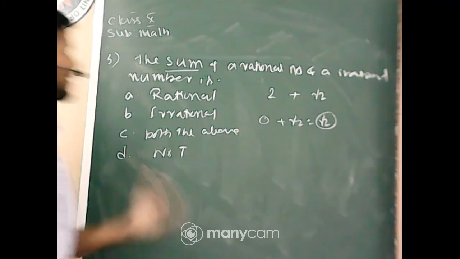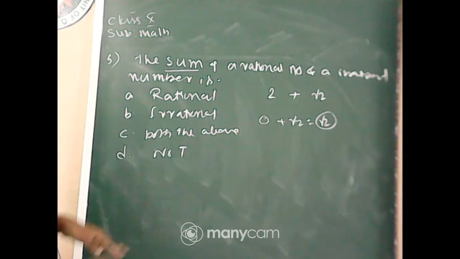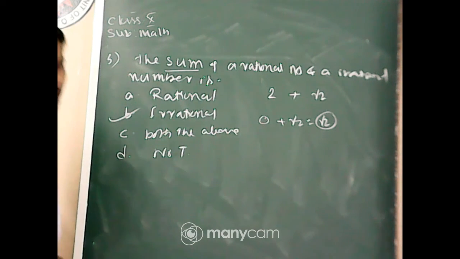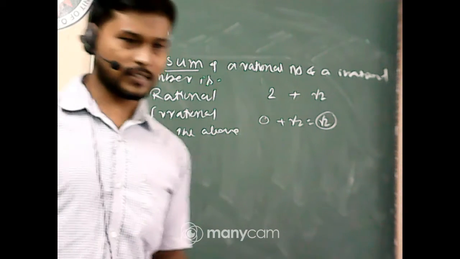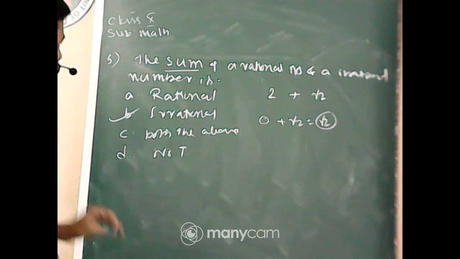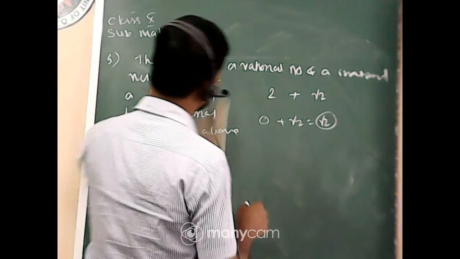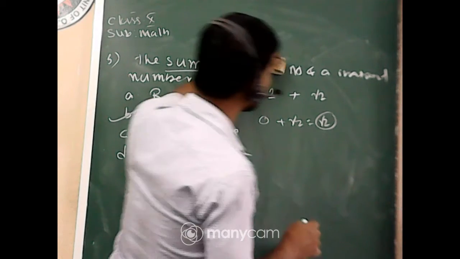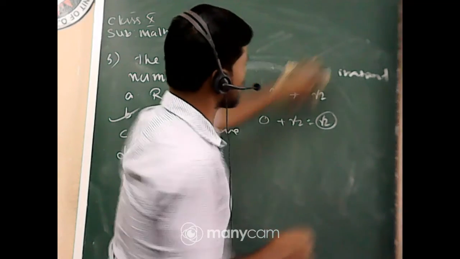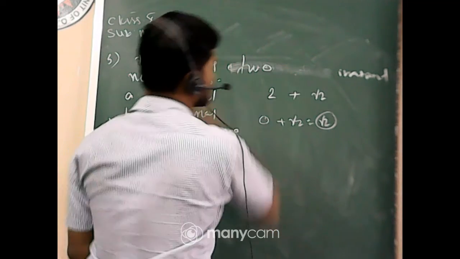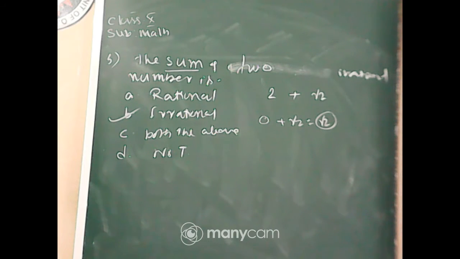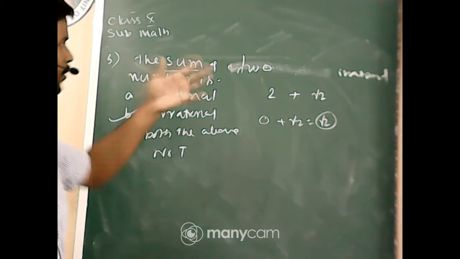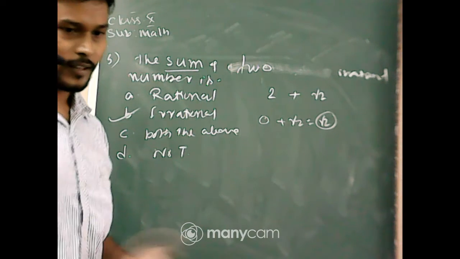So the sum of a rational number and an irrational number is obviously an irrational number, so our answer will be B. But if I twist the question: the sum of two irrational numbers, then what will be the answer?